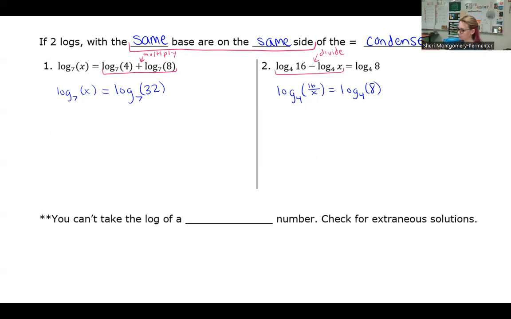11, 12. So I want you to give yourself a little note that either says you're going to multiply or you're going to divide, based on whatever that sign is. Go tell yourself you're either going to multiply or you're going to divide.